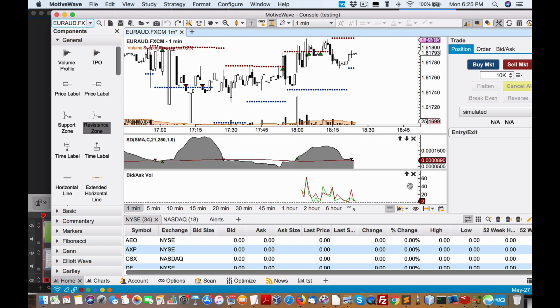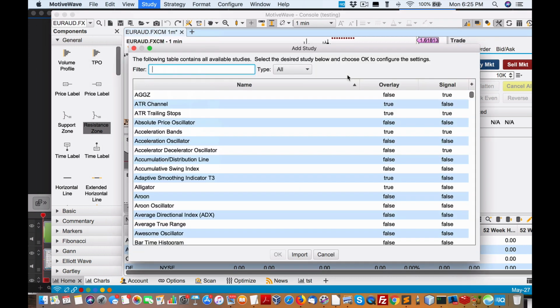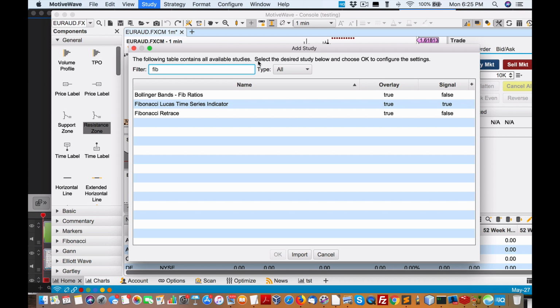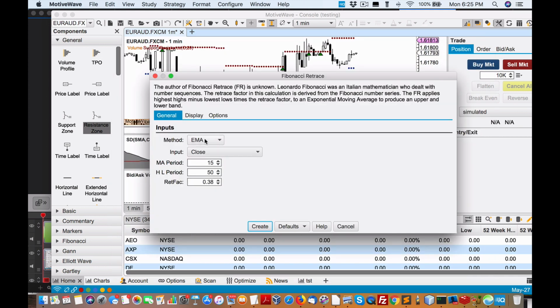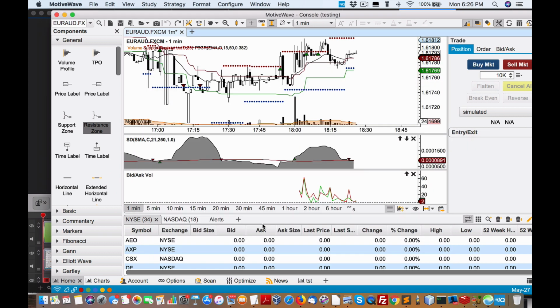Let me just get rid of this guy. Let me add in the Fibonacci's. Let me see if we can use a study for it instead. Fibonacci Lucas retrace. Let's work with that. EMA is pretty popular actually. On the close, MA. Okay, I can obviously change these parameters, but let's see what happens here.